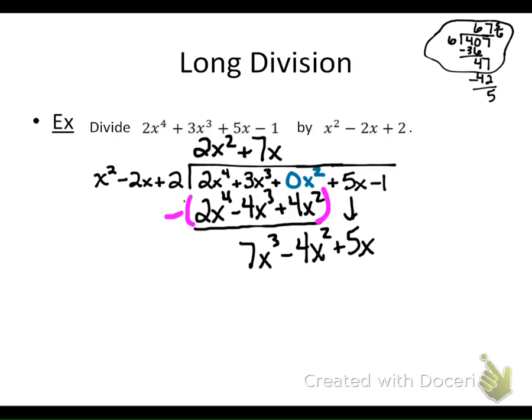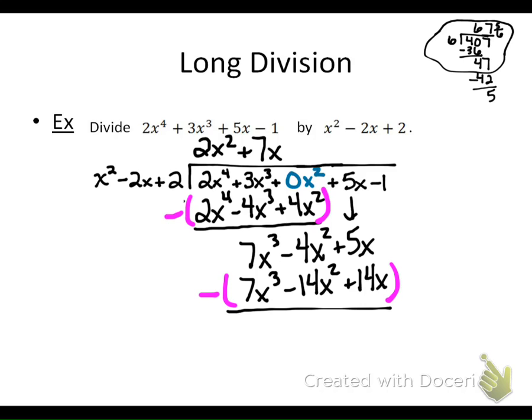So then I multiply through that 7x with the divisor, x squared minus 2x plus 2. I write it beneath, and I remember to subtract that product. And I bring down the next term.